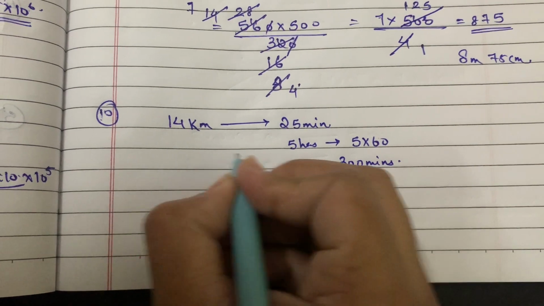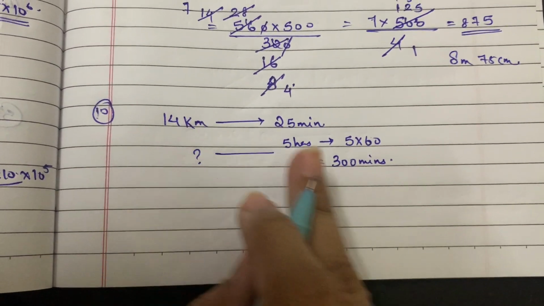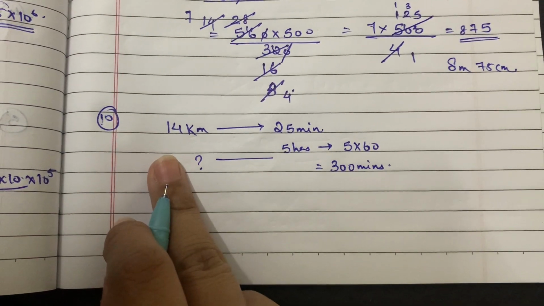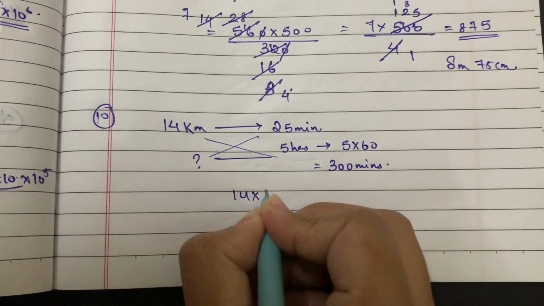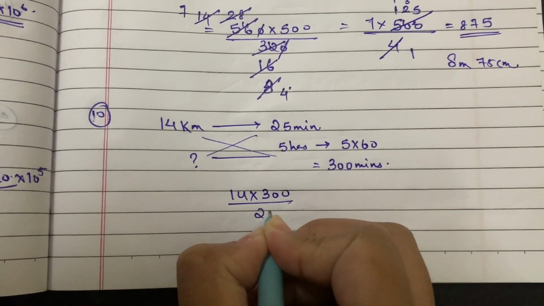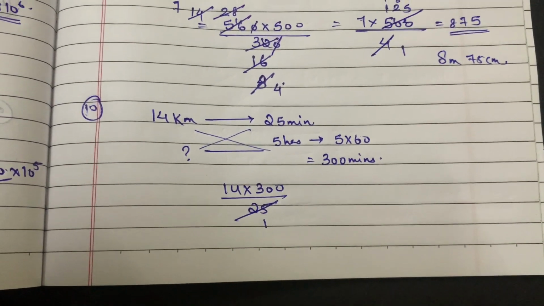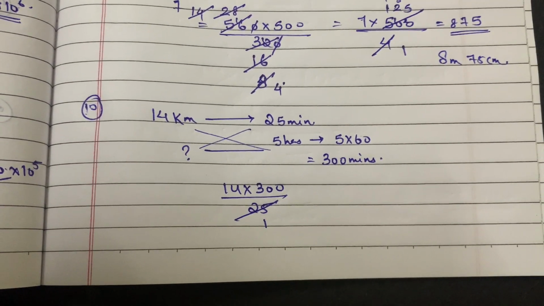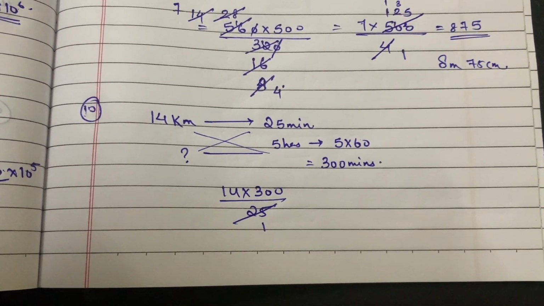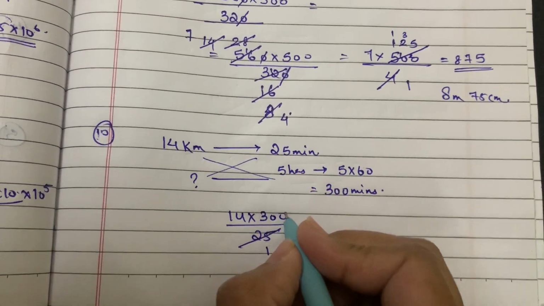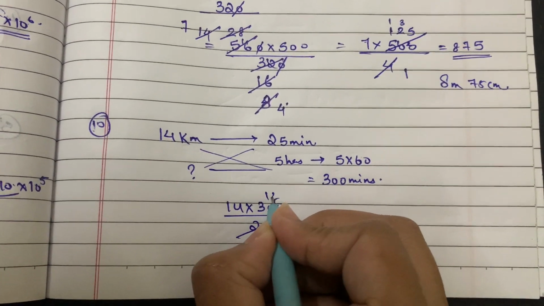Now how much distance will it travel in 300 minutes? Time increased, distance will also increase, direct proportion. So cross multiplication, it becomes 14 times 300 upon 25. 300 divided by 25 we are doing, so 25 12 times.